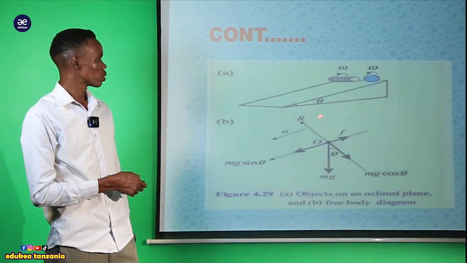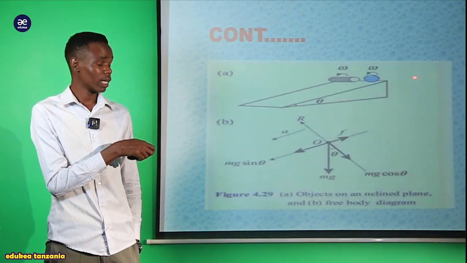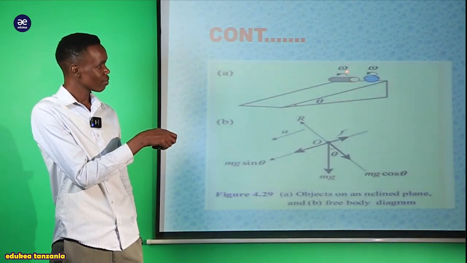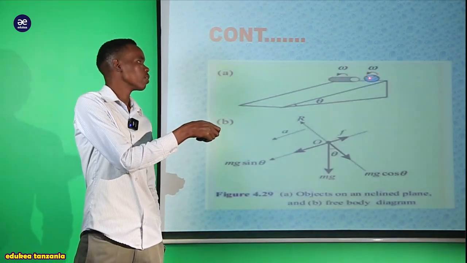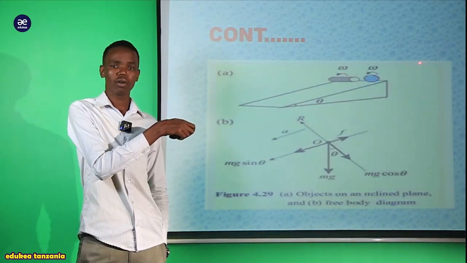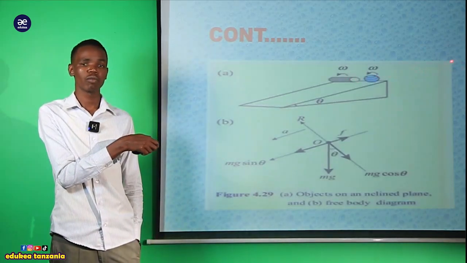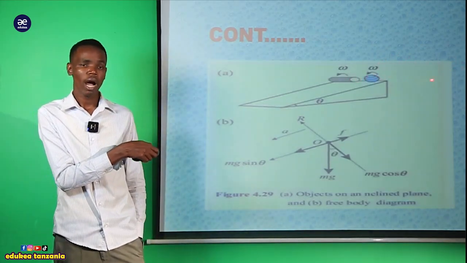As we try to see our figure 29 Roman A, we have the cylinder and also the sphere. Each of them is placed at, and released at, the same instant and the same point.